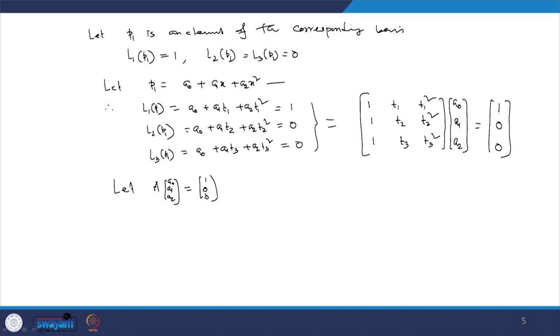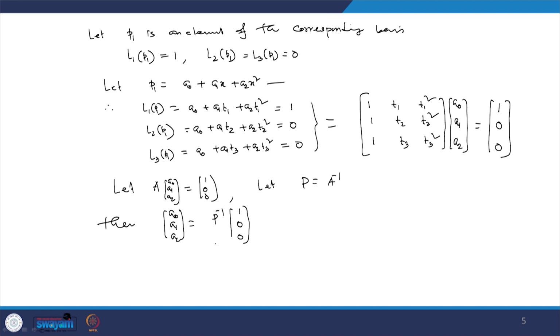So, already we have seen if T1, T2, T3 are distinct, then this coefficient matrix is invertible. So, if I find the inverse of it, let P equal to A inverse, then the coefficients A0, A1, A2 will be equal to P inverse into 1, 0, 0.